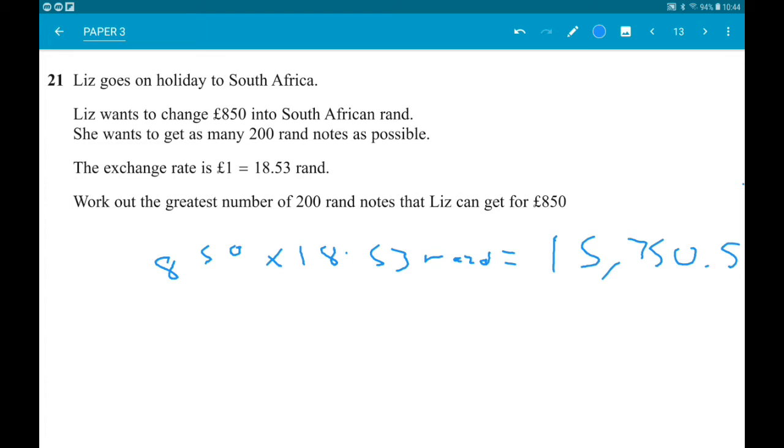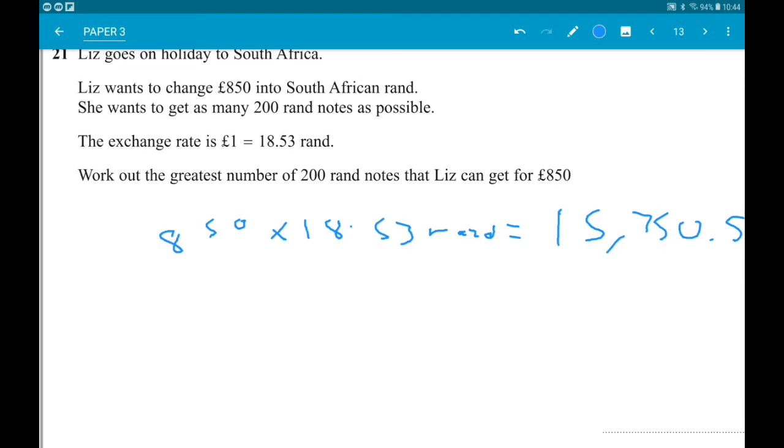We then want as many 200 Rand notes as possible. So we then do 15,750.5 divided by 200.